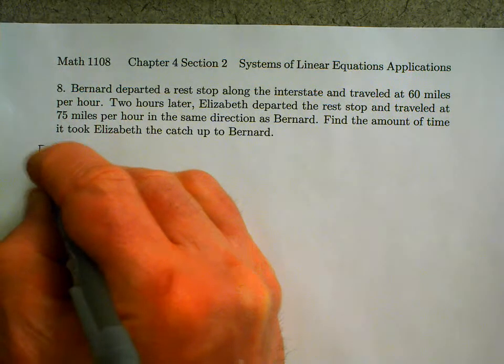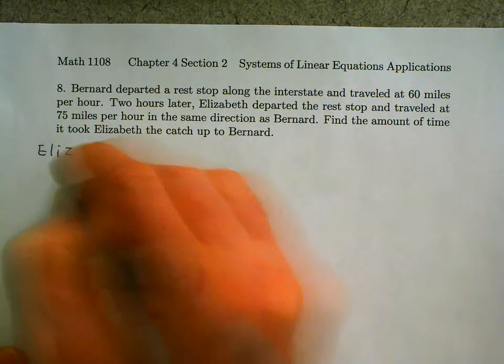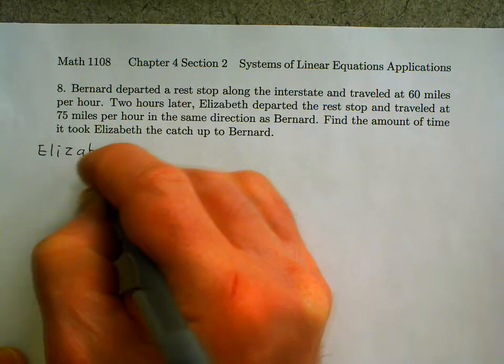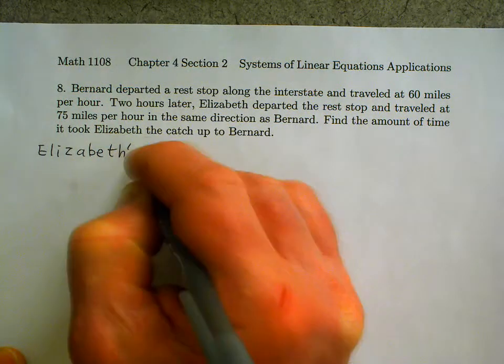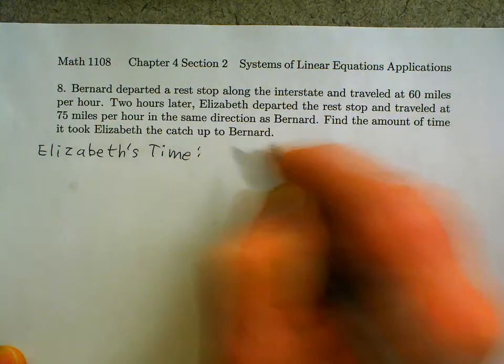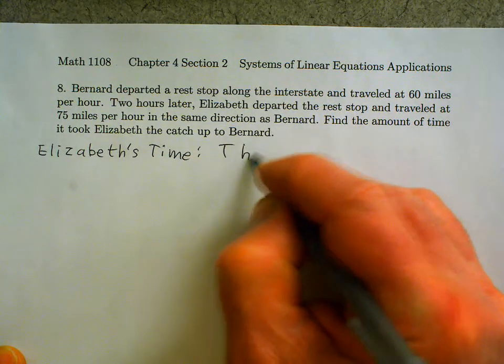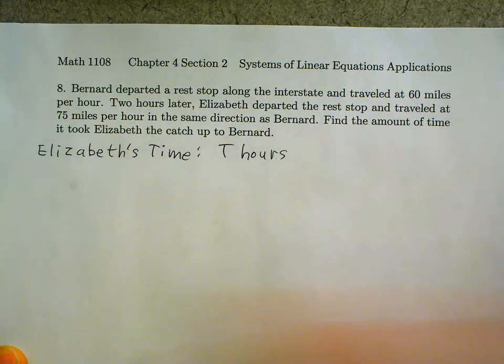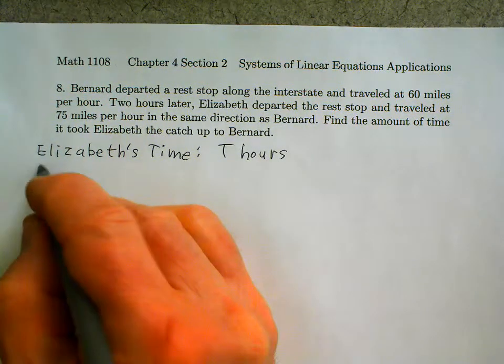So assign a variable for Elizabeth's time. I'll just pick T hours, and Bernard's time.